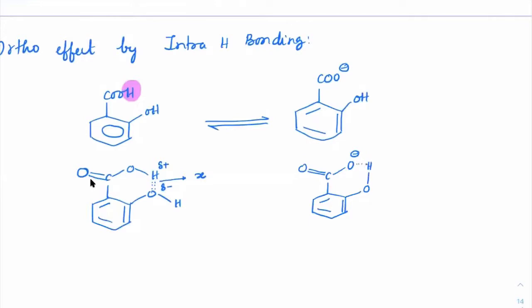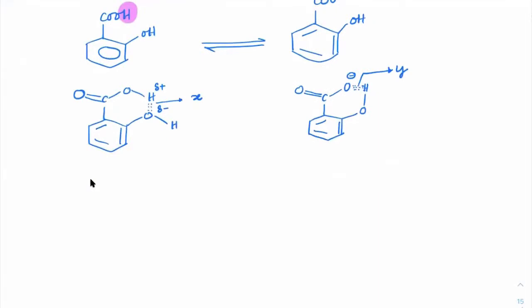Now the hydrogen bonding is forming between this H and the O minus which has formed, and let me say the extent of hydrogen bonding here is Y. Now here it was only partial charges. Here it is a hydrogen bonding between a completely charged oxygen and hydrogen. Which one will be more effective? The second one would be more effective.